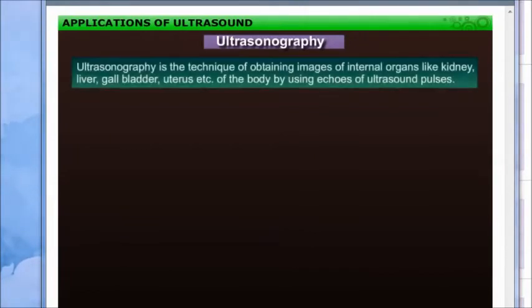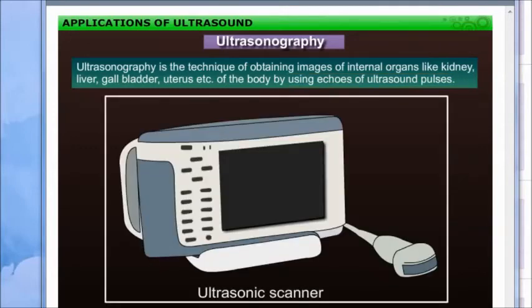Ultrasonography is the technique of obtaining images of internal organs, like kidney, liver, gallbladder, uterus, etc., of the body, by using echoes of ultrasound pulses. An ultrasonic scanner is used to get those images.